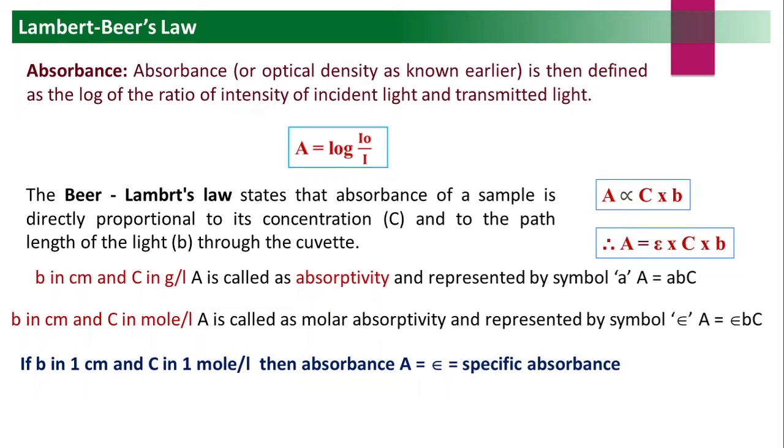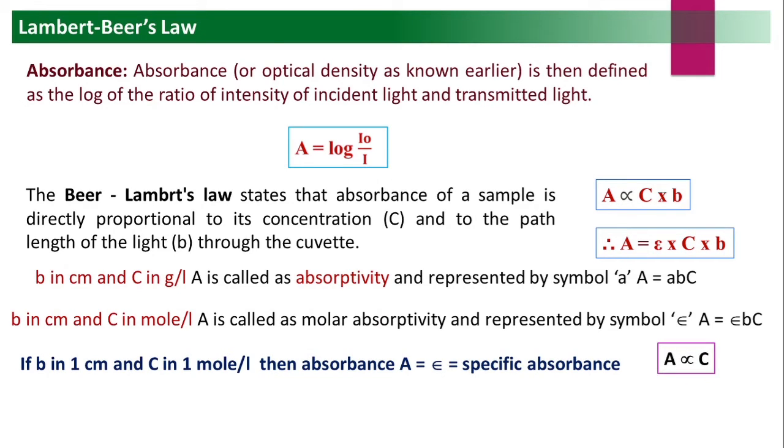Now if B, that is path length, is 1 centimeter, and C, the concentration, is 1 mole per liter, then the absorbance is equal to the molar absorptivity, and that is called specific absorbance. If the path length is 1 centimeter and concentration is 1 mole per liter, then the molar absorptivity can be called specific absorbance.